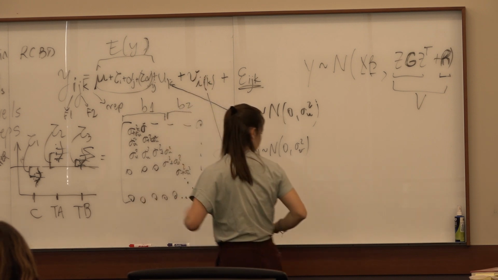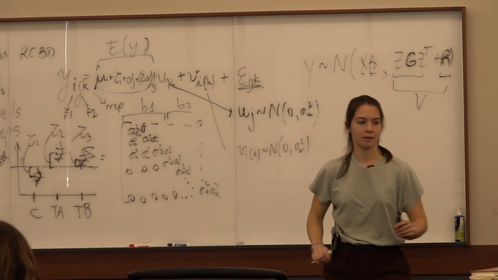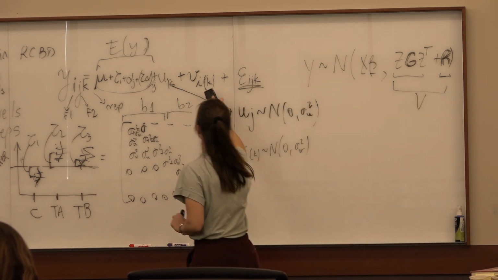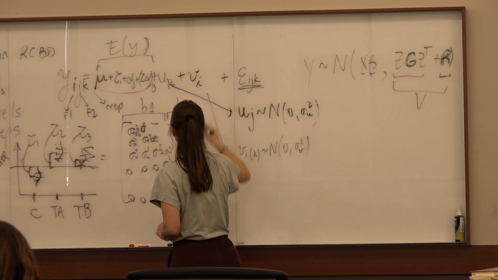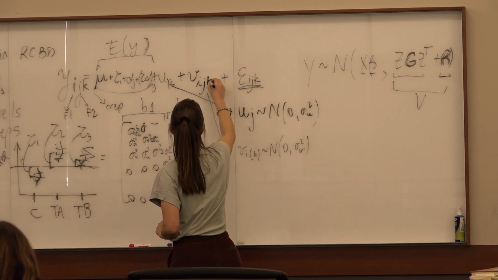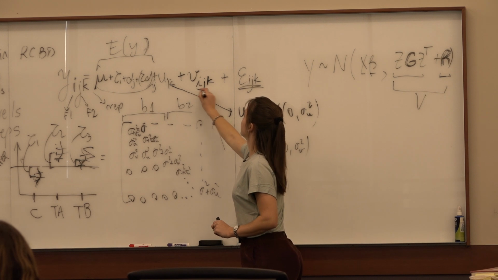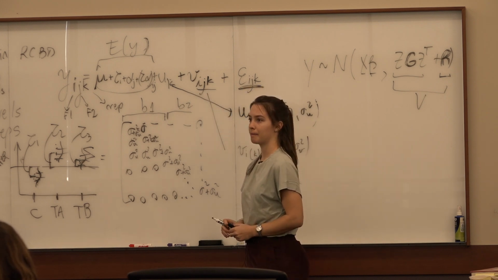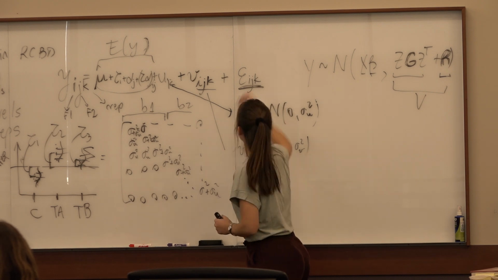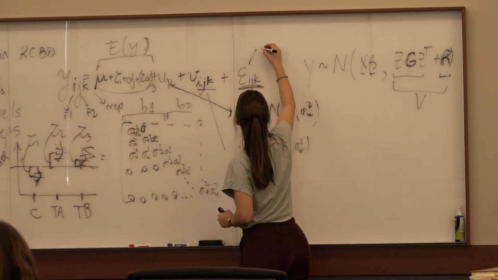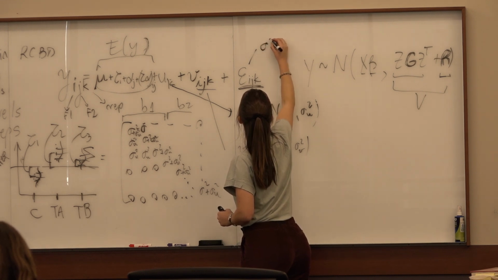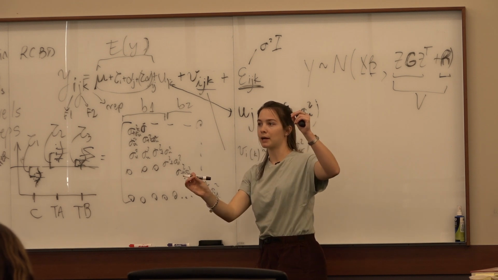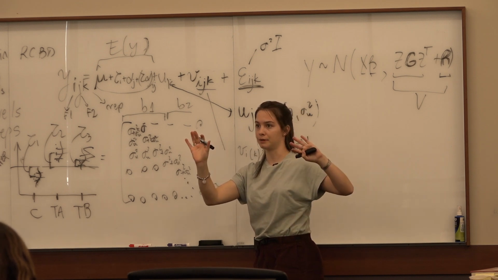And we're going to say this. You see that this subscript and this subscript are the same. This is still going to be sigma squared I, right? Sigma squared in the diagonal, zeros in the off diagonals.